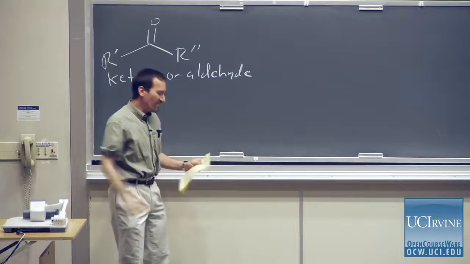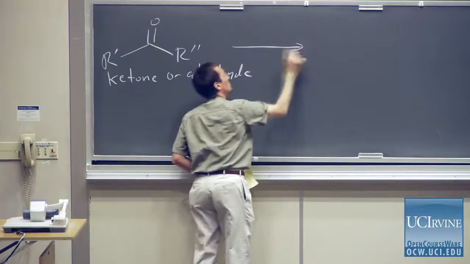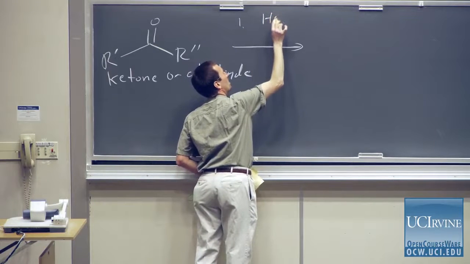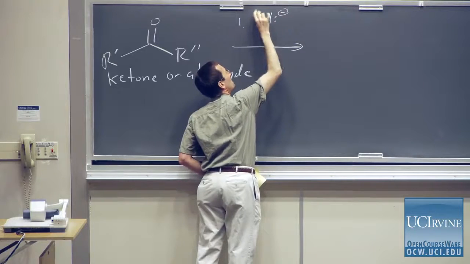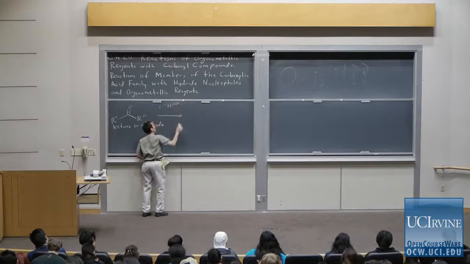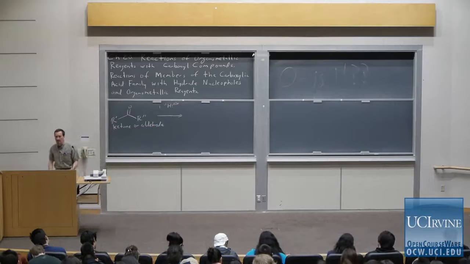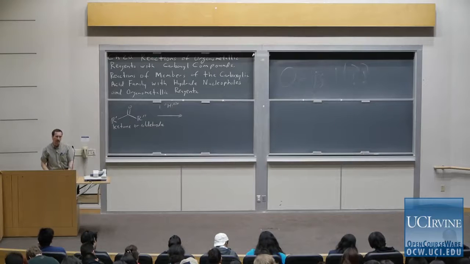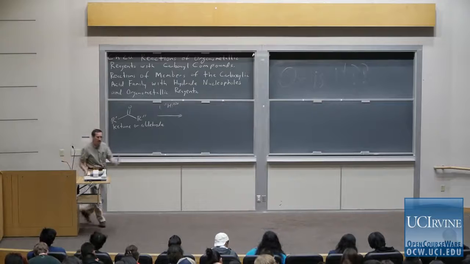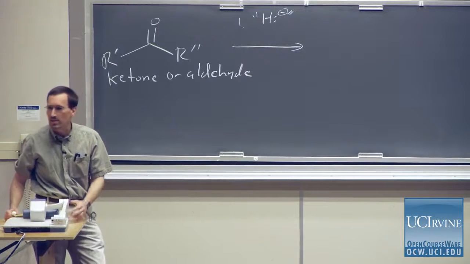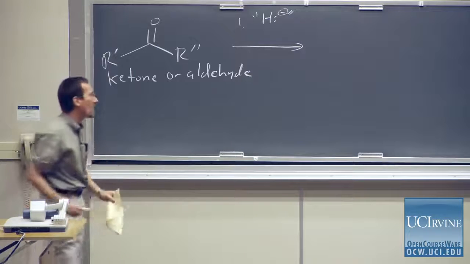And we envision its reaction with some hydride nucleophile. Now remember, when I'm writing H minus in quotes, of course, there's no reagent that is itself a hydride nucleophile, but these are things like lithium aluminum hydride and sodium borohydride that serve as sources of hydride.